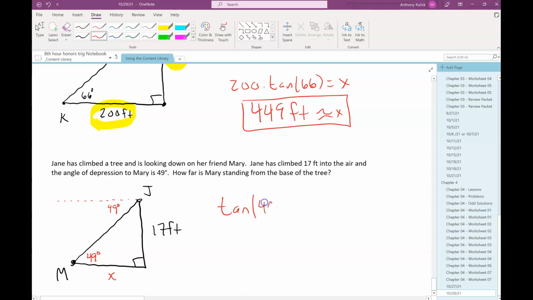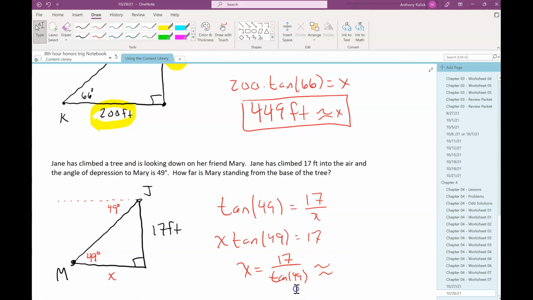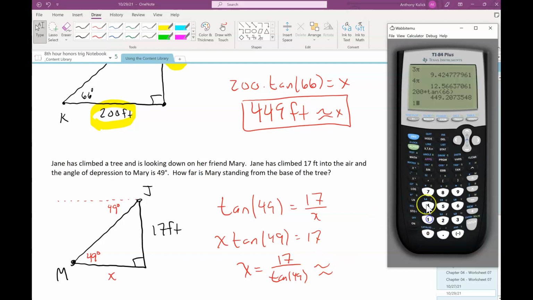Tan 49 is equal to 17 over X. Multiply both sides by X. And then divide by tan 49. And then it's calculator time. 1478.